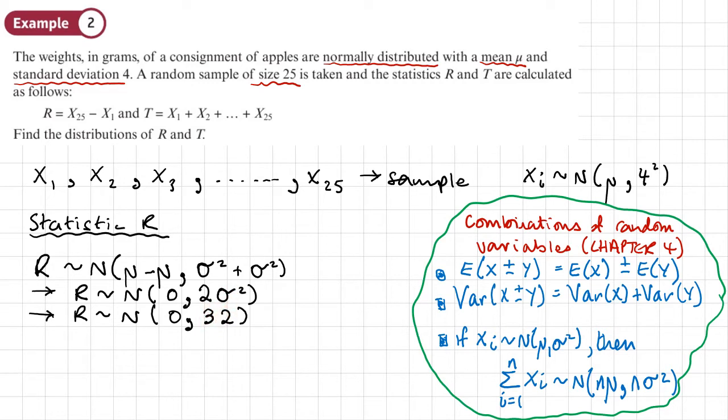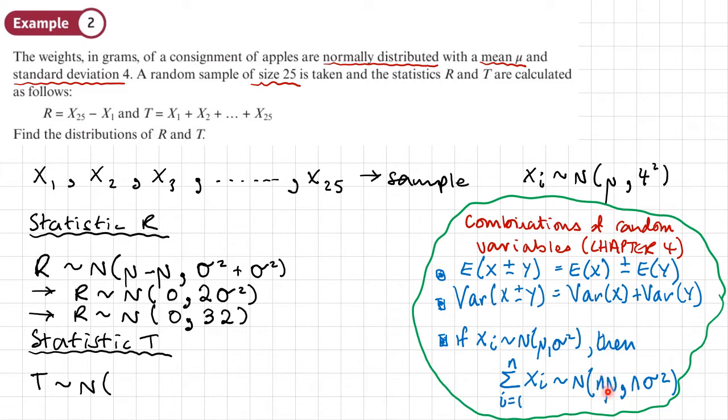Now we'll look at the statistic T. Now for the statistic T, what we're doing, we're adding all 25 weights together. So we can use this rule here, where we've got the sum of n random variables. So in this case, it's going to be 25 of these random variables. So T is going to be normally distributed.